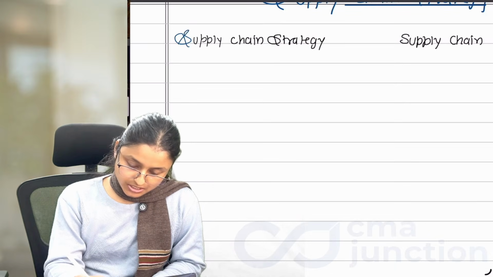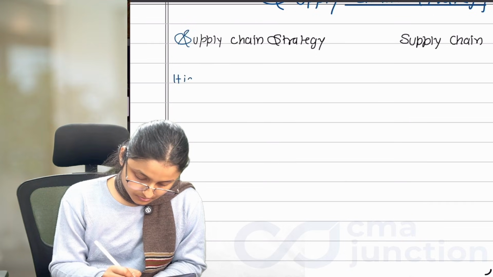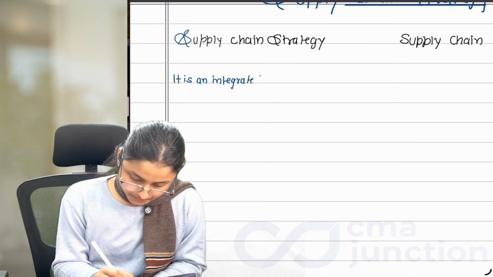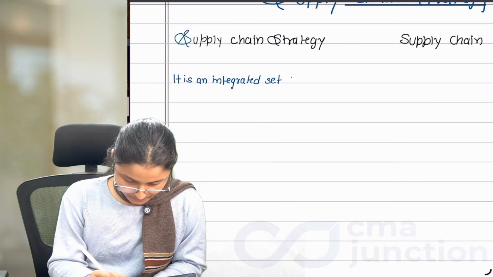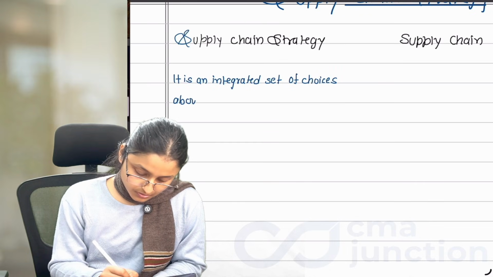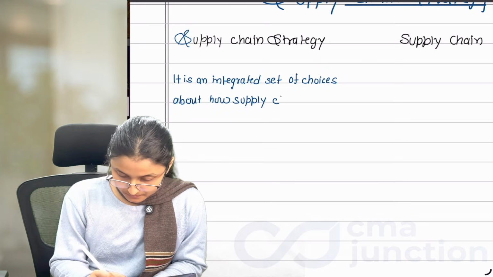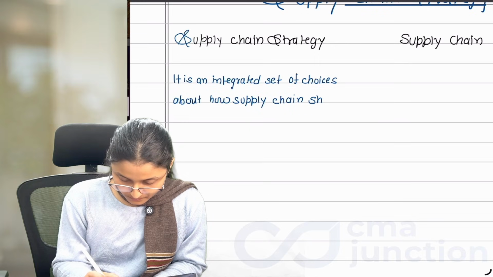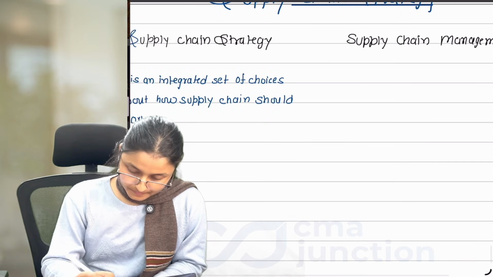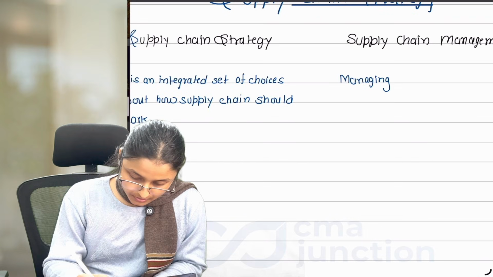In supply chain strategy, write it down that it is an integrated set of choices about how the supply chain should work. Managing: what is supply chain management?